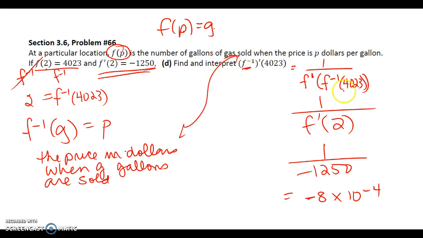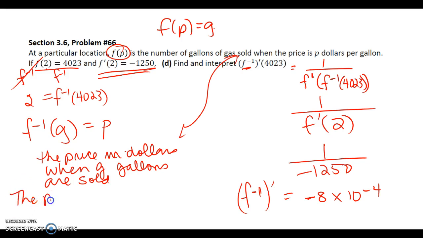Well, what does the derivative of that inverse function mean? It means that, right, now it's the rate of change of the price, isn't it? So it's the rate of change of the price when g equals 4023.